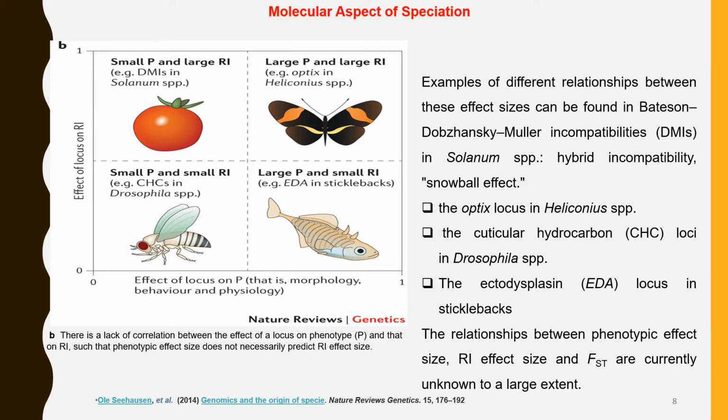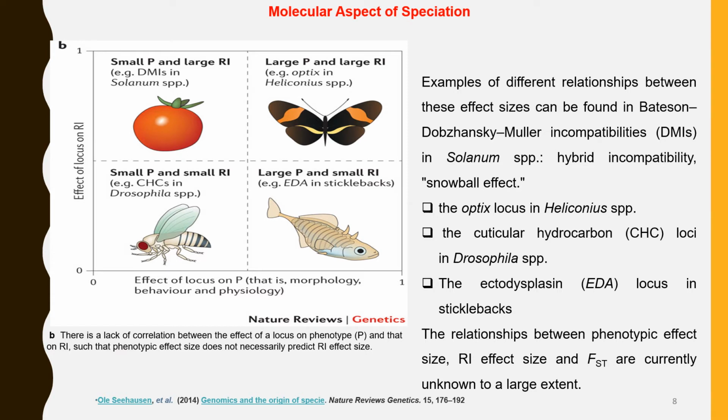A change or variation in a locus may affect the phenotype and reproductive isolation differently. It could be from 0 to large. The figure here represents the lack of correlation between the effect of a locus on phenotype and on reproductive isolation.